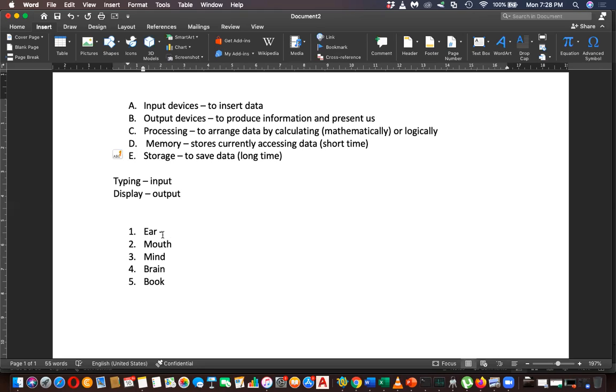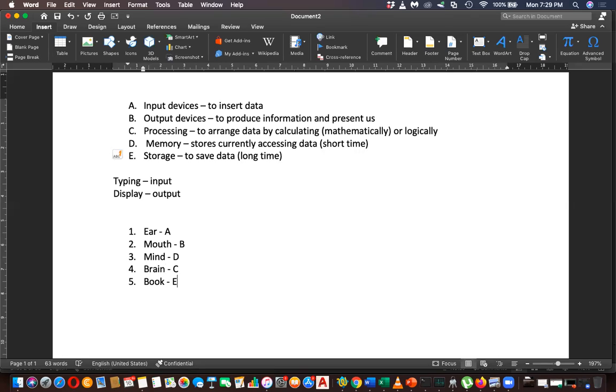Can you select from A to E? Ear is input, A. Mouth is B, output. You can talk. Mind is D, memory. Brain is C. It can process. Yes, C. Book.